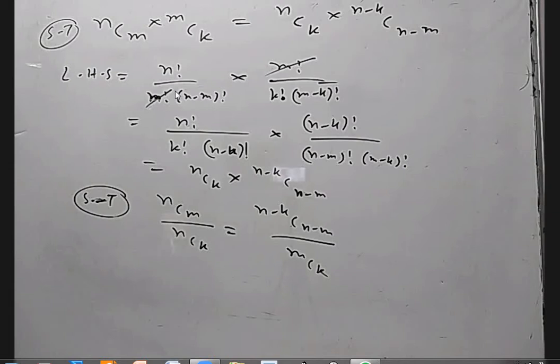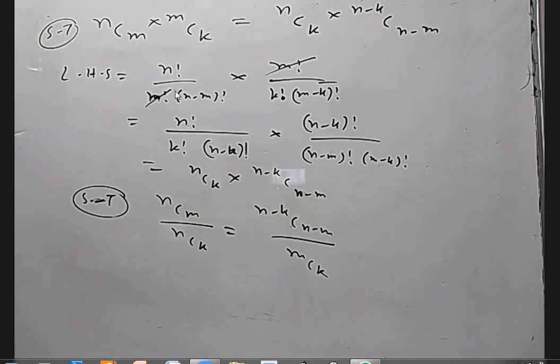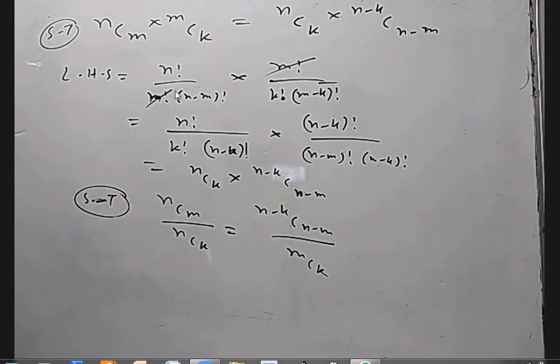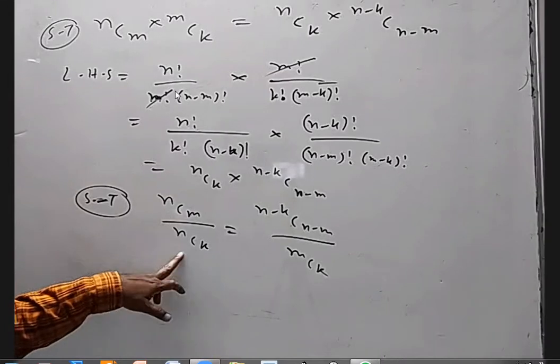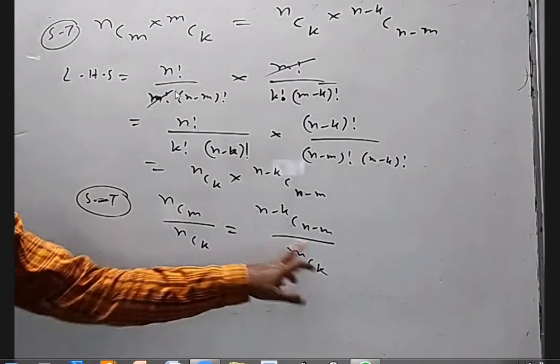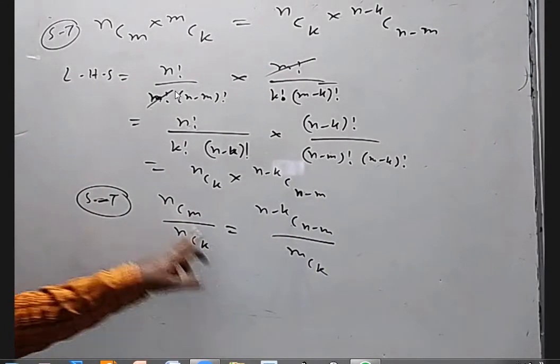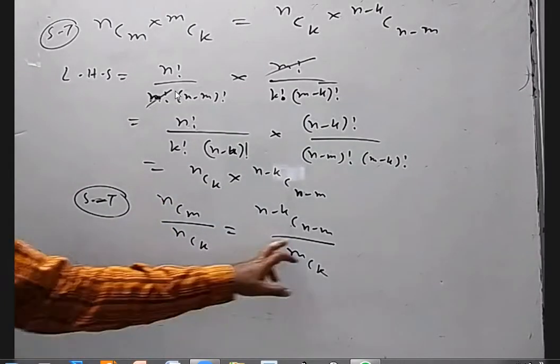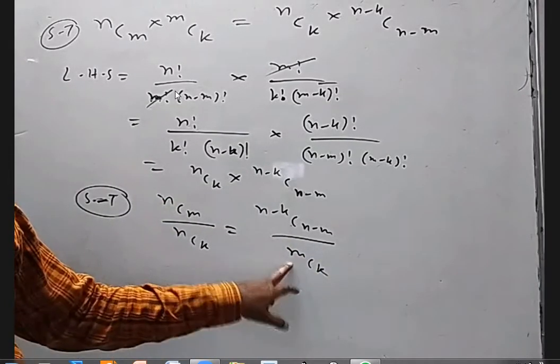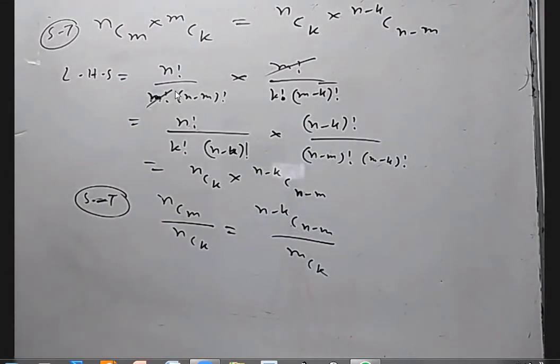Sometimes we may have to use that. In some situations where both numerator and denominator vary, you can make sure that m and k are constants and n is varying. Then I can make this fixed and only this variable, and then we can manage some questions like that.